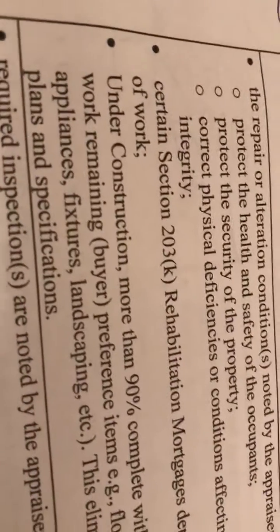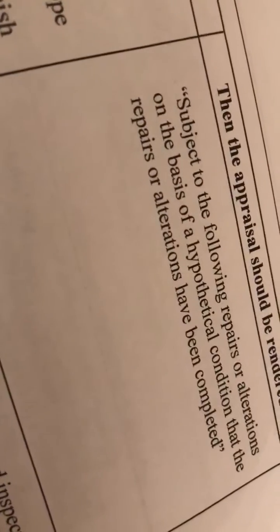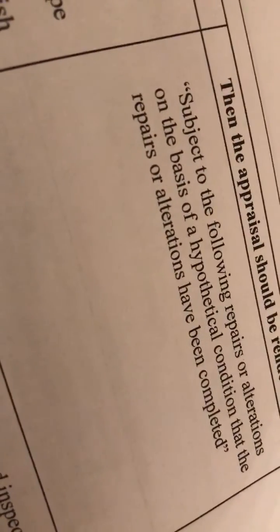When certain section 203K rehabilitation mortgages, depending on scope of work, then the appraisal should be rendered subject to the following repairs or alterations on the basis of a hypothetical condition that the repairs or alterations have been completed.